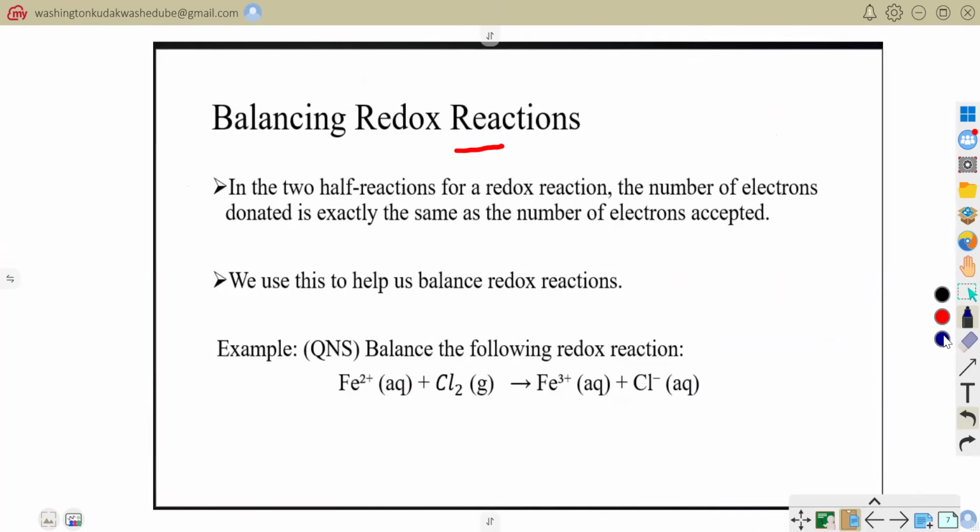Now let's look at balancing redox reactions. How do we balance redox reactions? Like we have seen in our two half reactions for a redox reaction, the number of electrons that are donated are supposed to be exactly the number of electrons accepted. Let's go back to our slide.